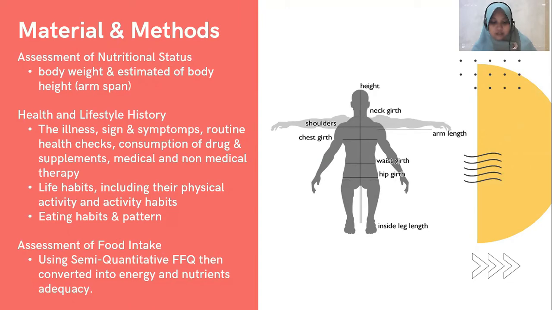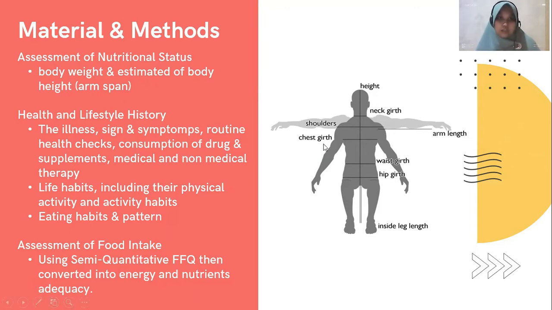The inclusion criteria for the elderly used as the research sample were aged over 60 years and from the middle and upper economic class. Based on the inclusion criteria, the number of older adults used as respondents in this study was 7 people.